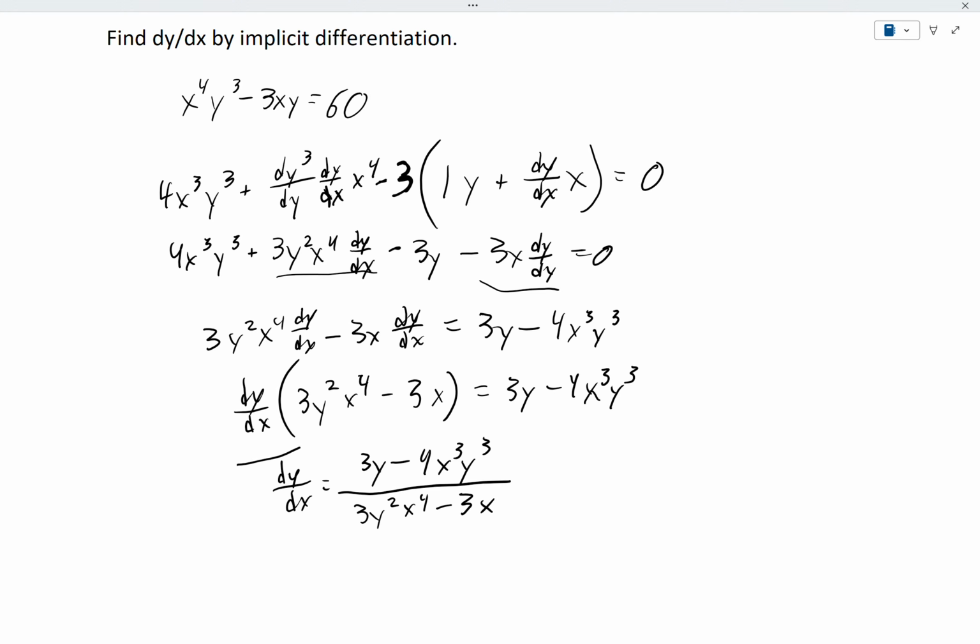And although my derivative involves y's, that's completely okay because there isn't really another way to find your derivative unless you take the derivative implicitly in this case. So this is what my derivative is equal to, and I found it using implicit differentiation.